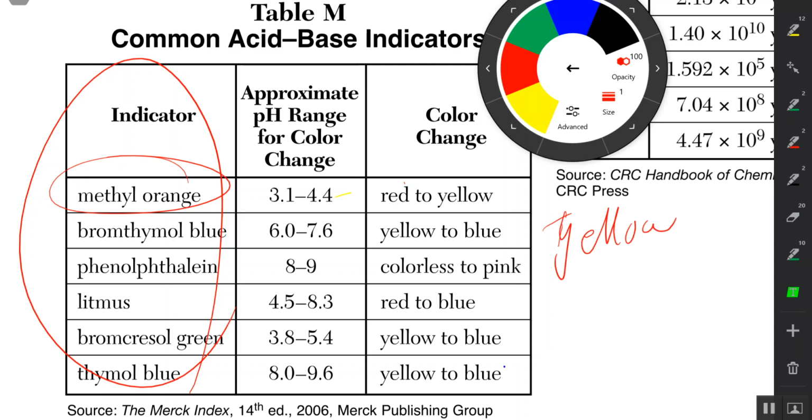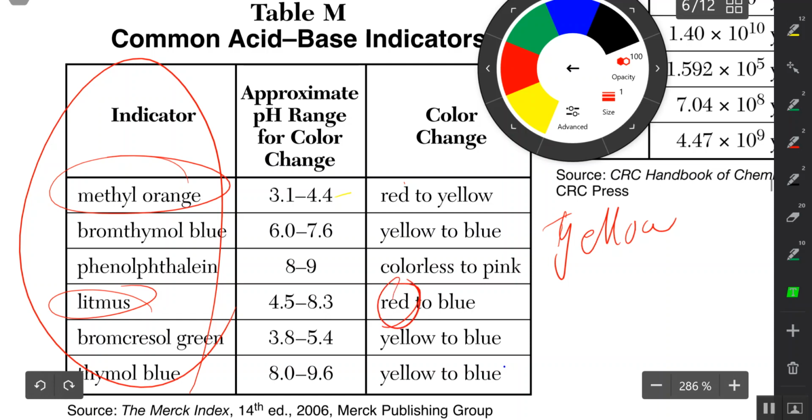And then you take a small sample of that solution as well, put it in a different container, and you dip a litmus paper in there. And you realize that your litmus paper turned red. And now you're being asked, what is the pH of that solution?